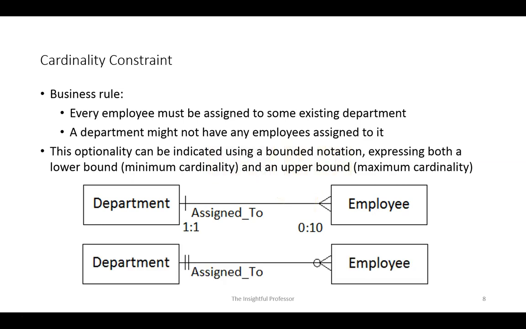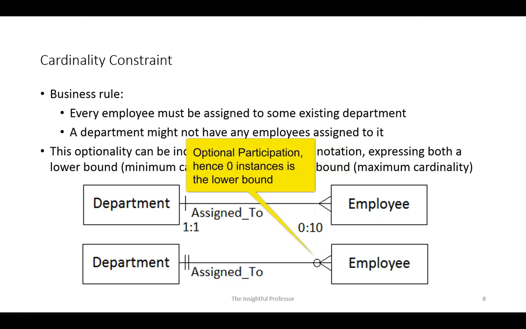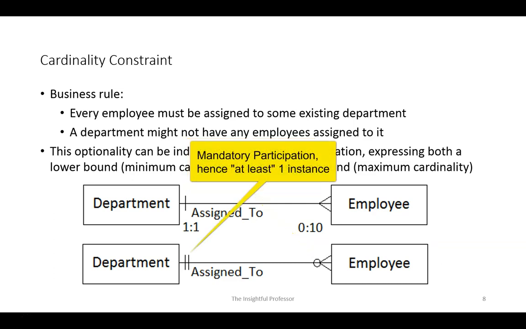Teorey, Yang, and Fry used a notation where there was a circle positioned near the cardinality of the entity type to indicate optional participation. A solid line near the cardinality indicates mandatory participation, or a minimum cardinality of 1.